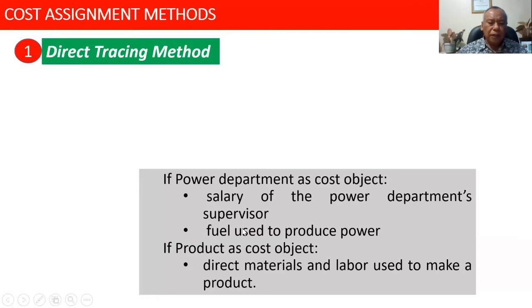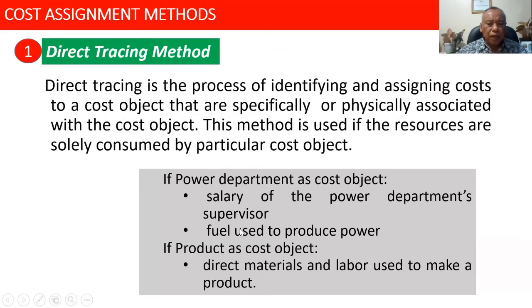Before we explain how to assign the manufacturing costs to the product, we have to know first the cost assignment methods. Actually, we have three cost assignment methods. The first is the direct tracing method, the second is the driver tracing method, and the last is the allocation method.